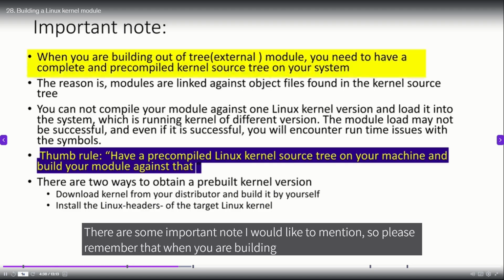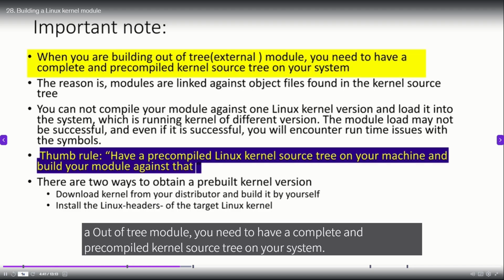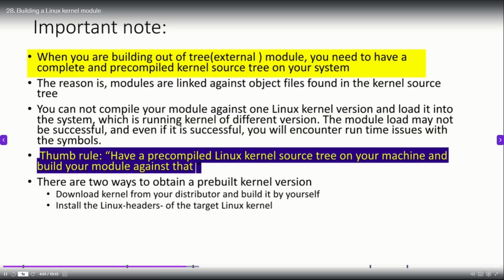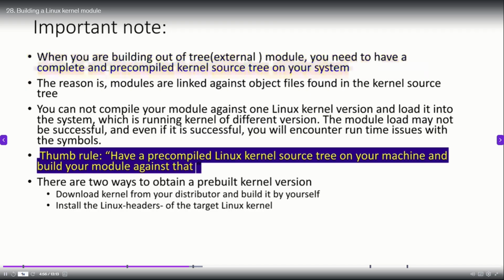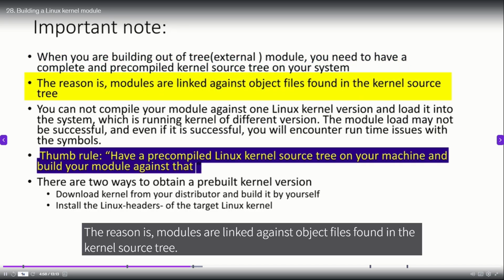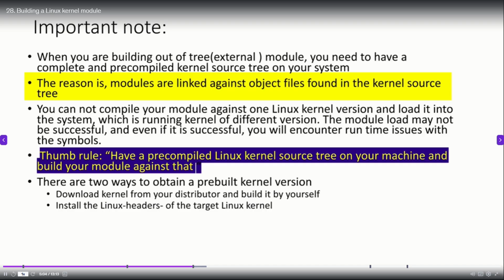Please remember that when you are building an out-of-tree module, you need to have a complete and pre-compiled kernel source tree on your system. This we have already done. We have downloaded the kernel source tree and built it. The reason is modules are linked against object files found in the kernel source tree.